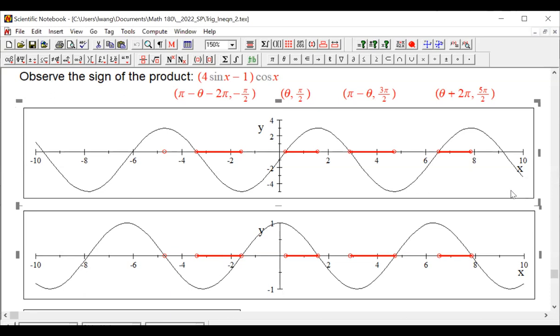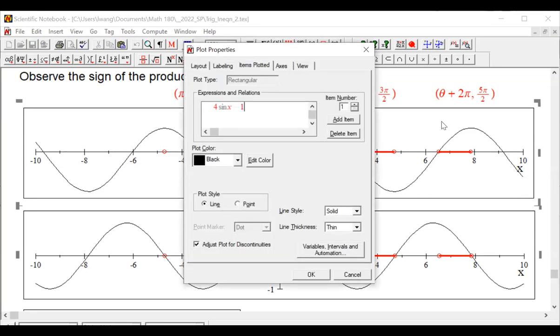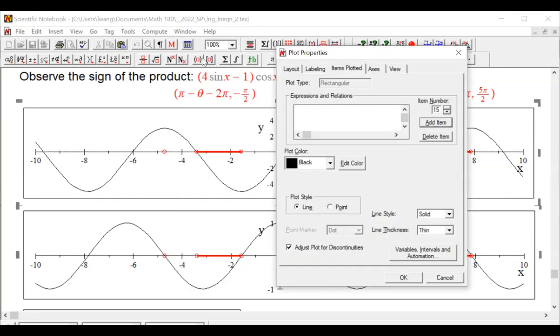So that's theta minus 2 pi, where theta is arcsine of 1/4, minus 2 pi.